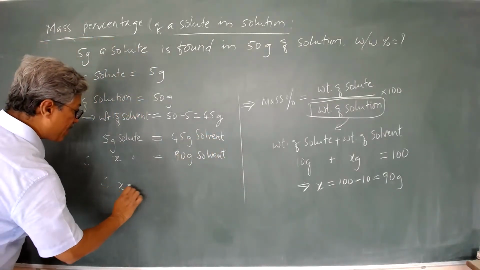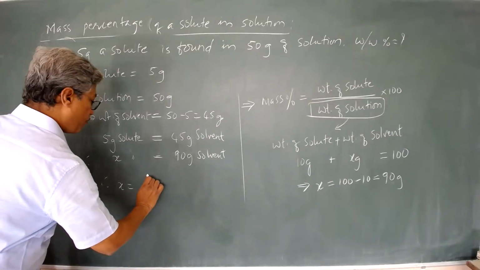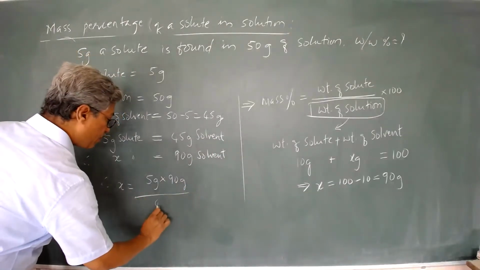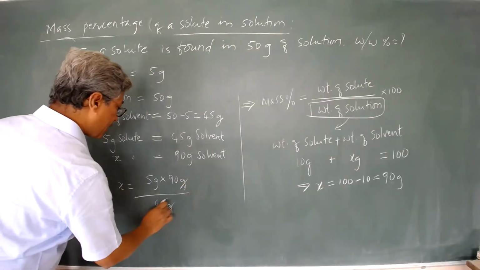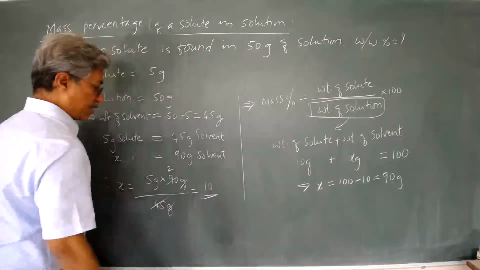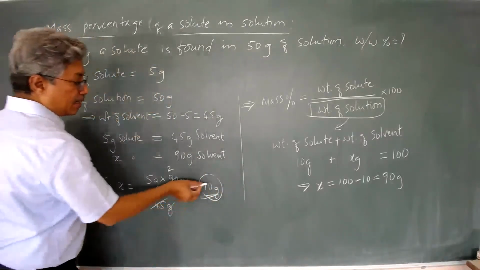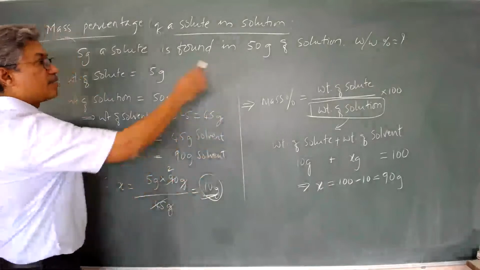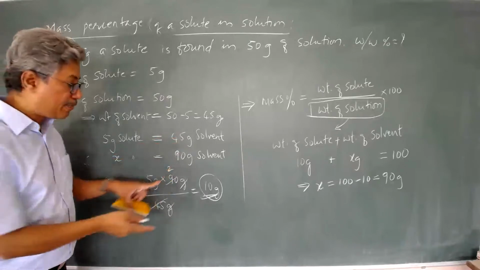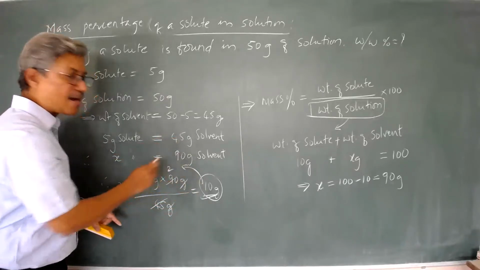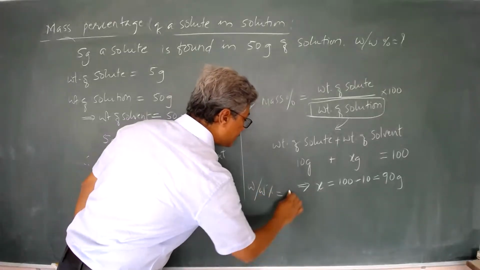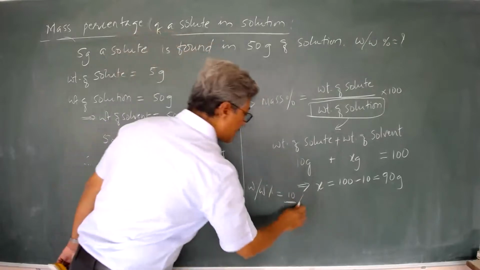Therefore, x will be 5 gram into 90 gram divided by 45 gram. This gets cancelled, it will be 2, so it is 10 gram. That means 10 gram of solute is present in 100 gram of solution, with solvent 90 gram. If you add these, it will be 100. It means that mass percentage is 10%.